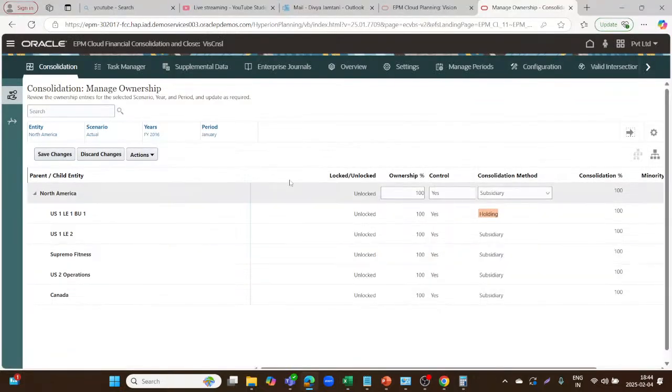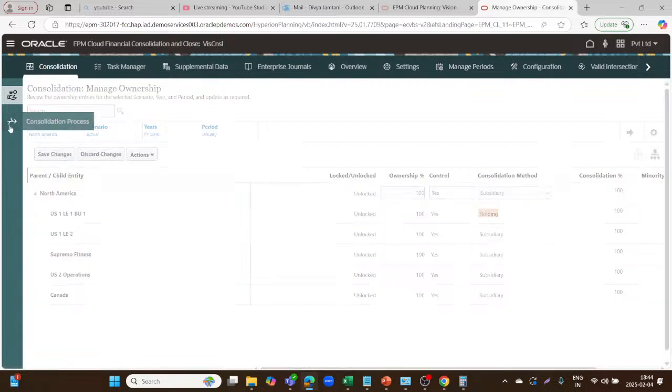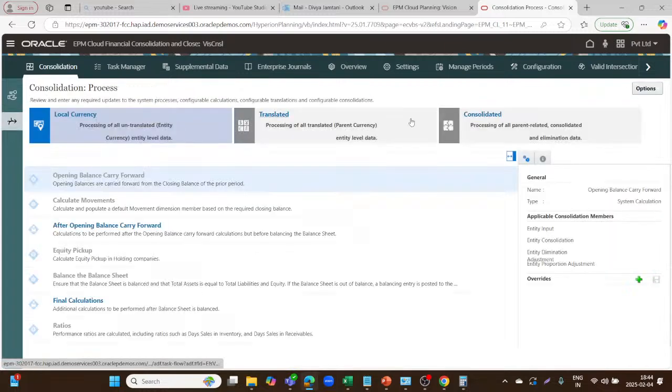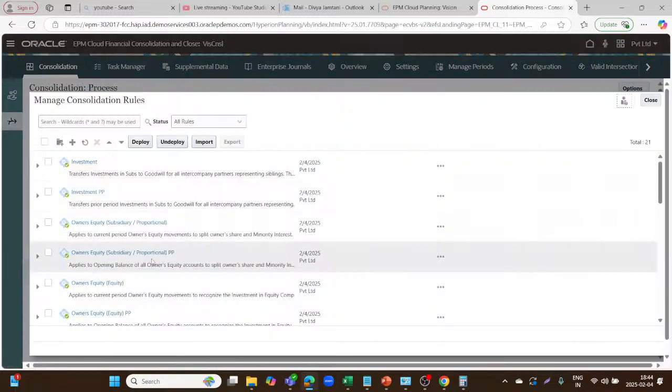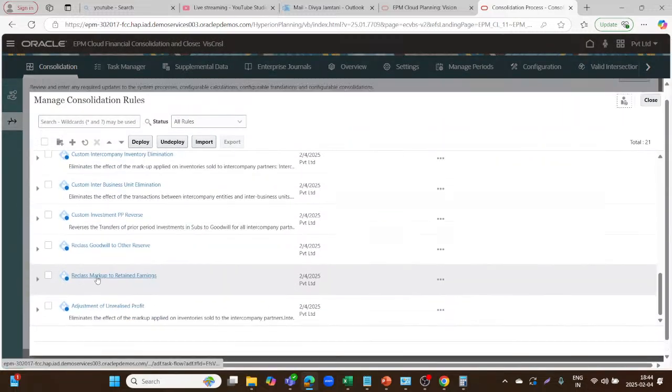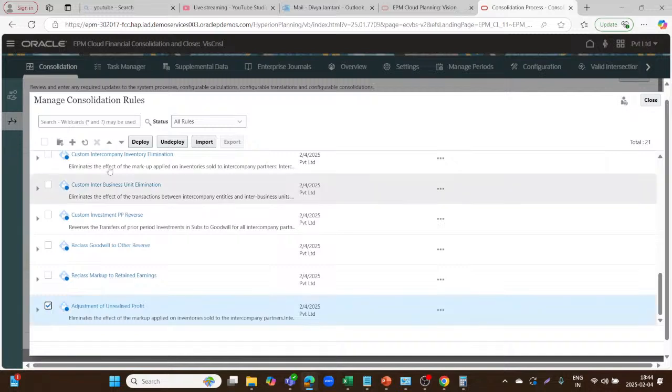Now coming back to the application, we have done the manage ownership. Now under consolidation process, come to consolidated. Here under configurable consolidation, the rule that you have written is adjustment of unrealized profit. We'll deploy this rule.